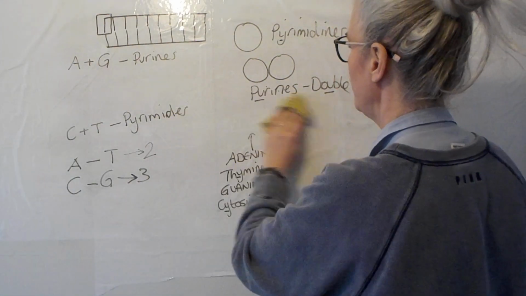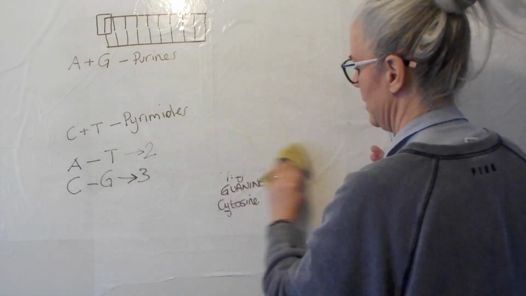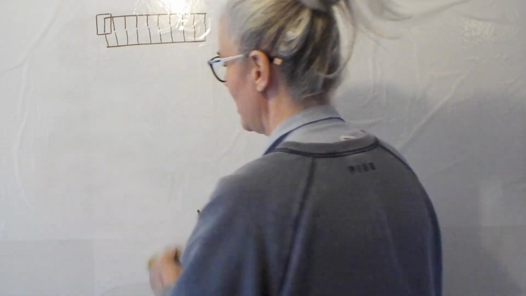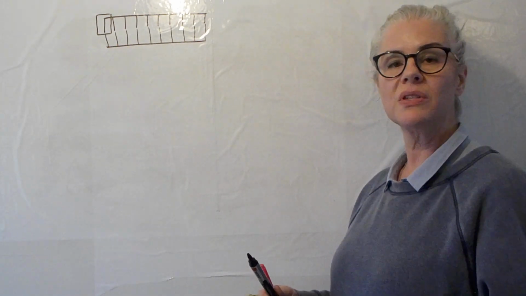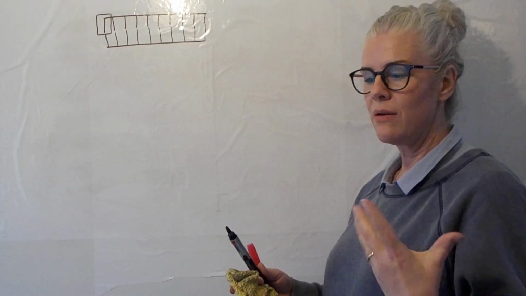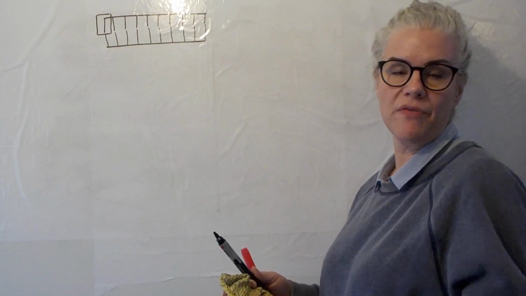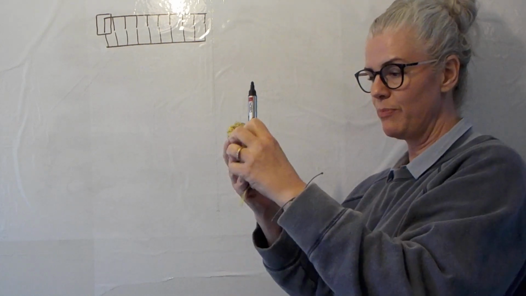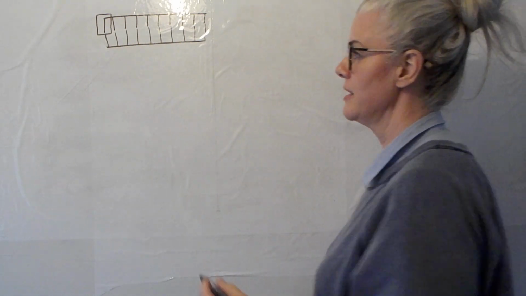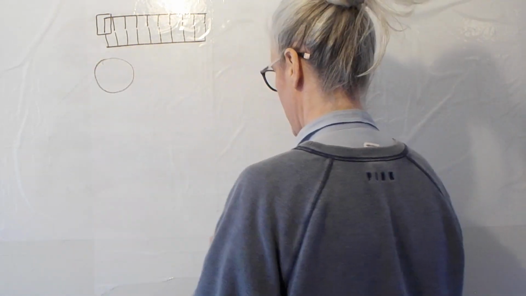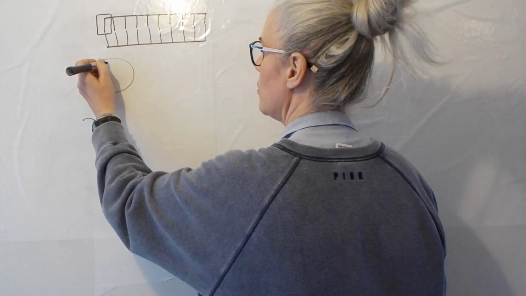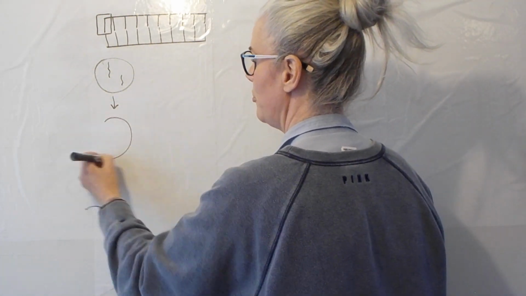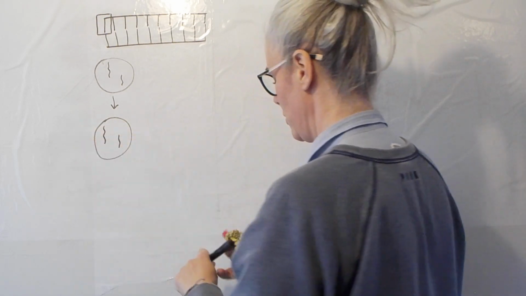Okay, so let's have a look at how they actually replicate. How DNA replicates. So DNA is going to replicate when the cell wants to divide. When the cell wants to divide in mitosis, for growth, repair, whatever, it needs more of everything. It needs more organelles, it needs more DNA as well. So it needs double the amount so that when it splits, each new daughter cell gets an equal quantity. So if you've got a parent cell with some chromosomes, we'll draw 2 chromosomes, it has to double that DNA first.